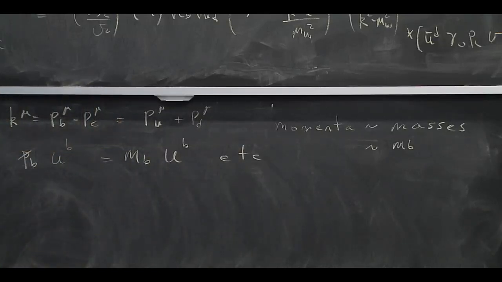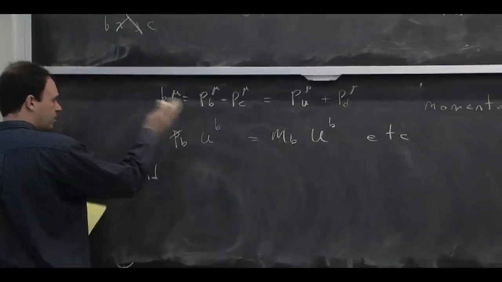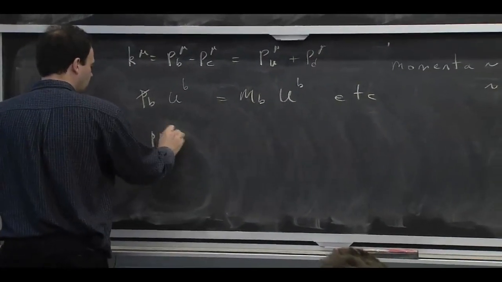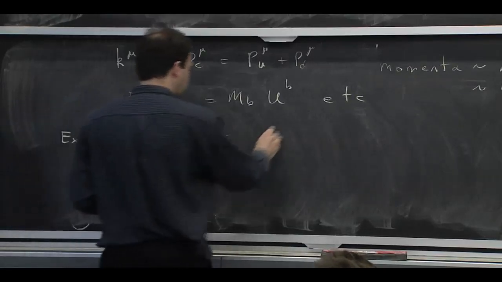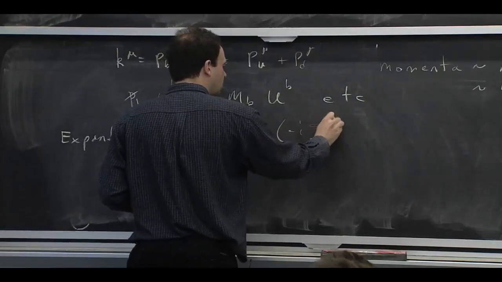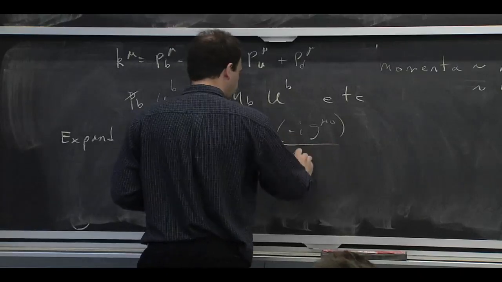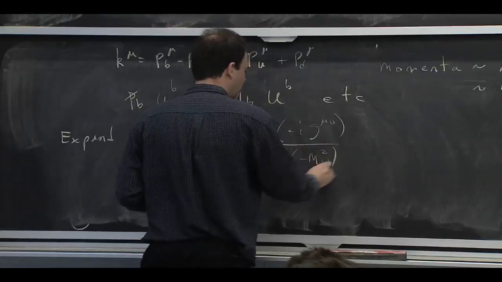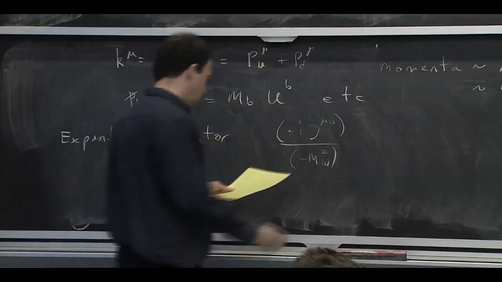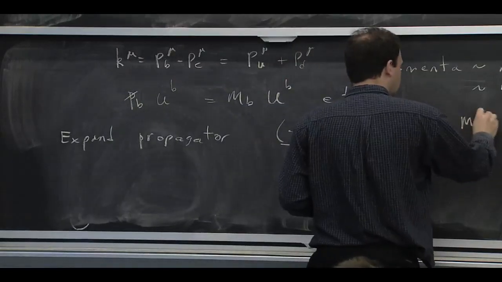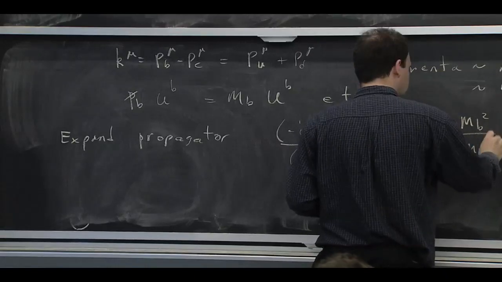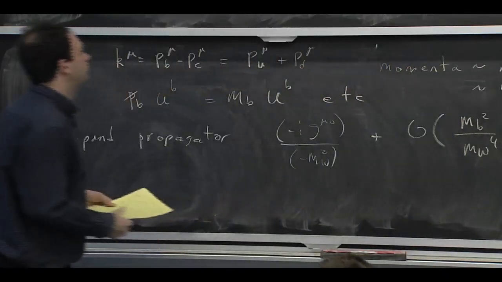And of course, the key thing is that we can expand the propagator since the momentum is smaller than the mass of the W if we're integrating out the W. So the leading term when we do that is this term. And any other terms that we drop are down by that much.